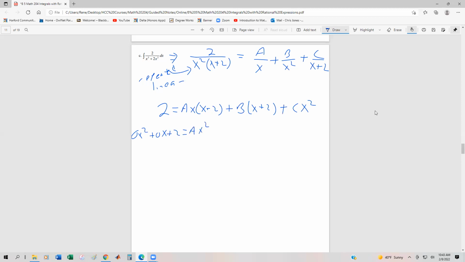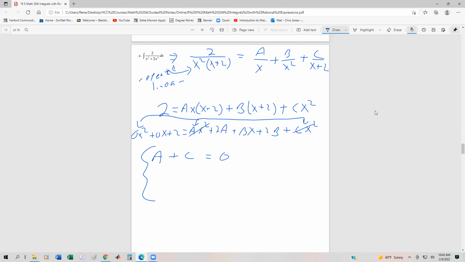Distributing, we have Ax squared plus 2A, Bx plus 2B, and then Cx squared. So we have two x squared terms, and they have to be equal to the x squared on the left-hand side. And so in our system, A plus C is going to be equal to 0. And then what I usually do is I just cross them off because I'm done with them.